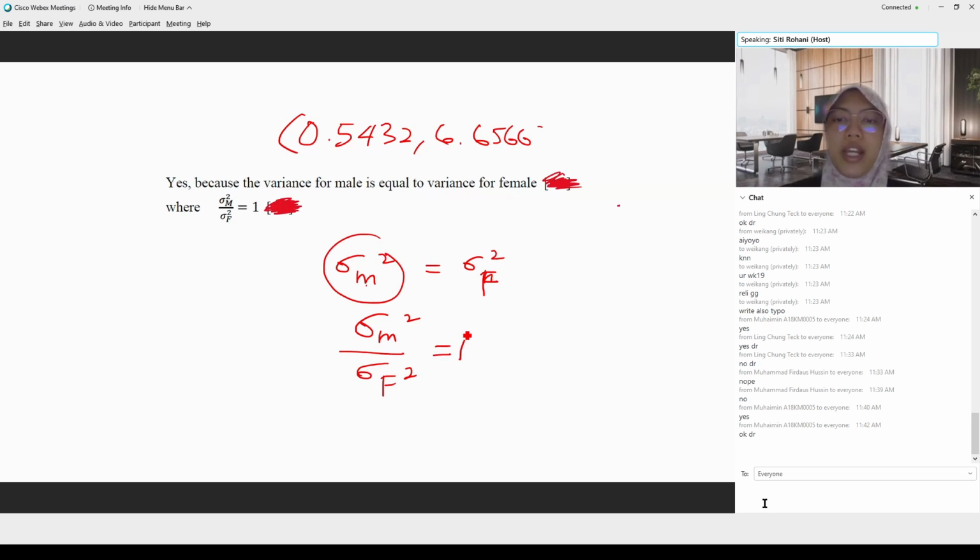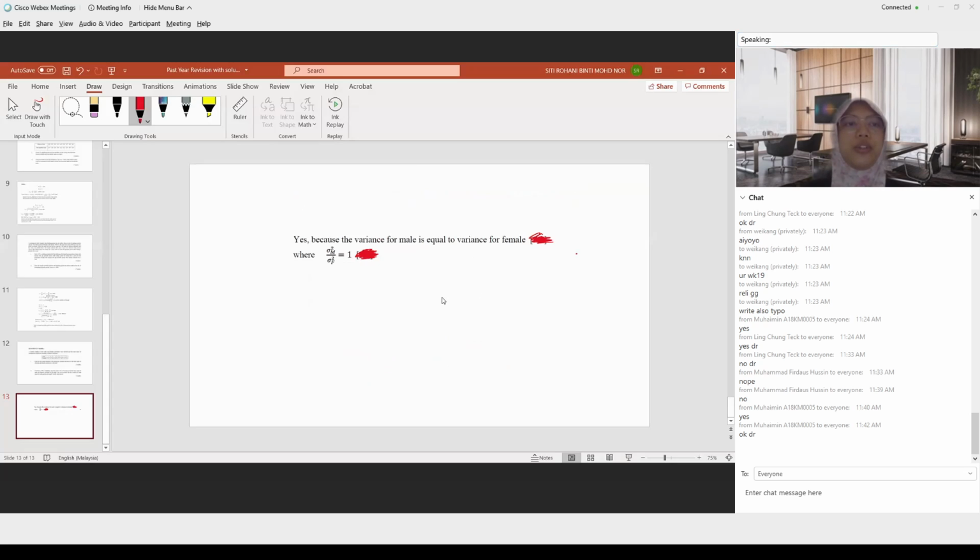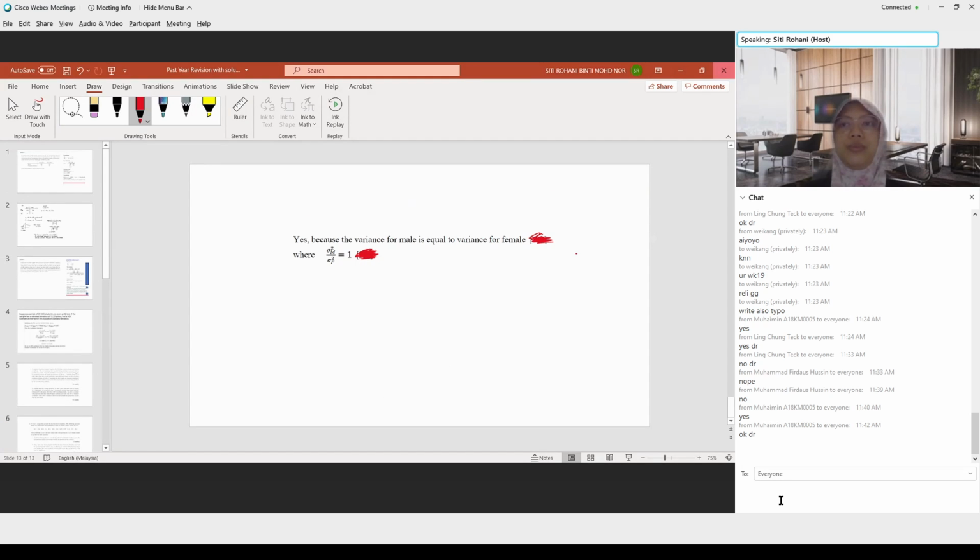Since the 1 is inside this confidence interval, that's why we could say that the variance for male is equal to the variance of female, because the ratio of male to female equal to 1 is inside the interval. Okay, so I think that's all for my concerns for your test 2.